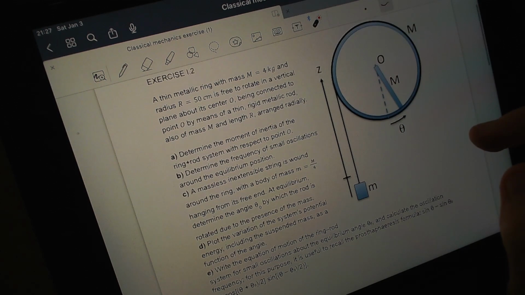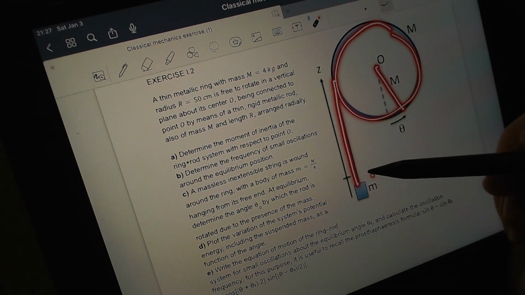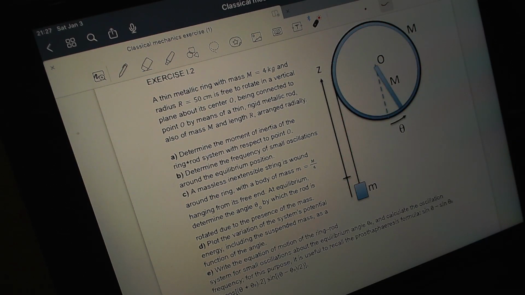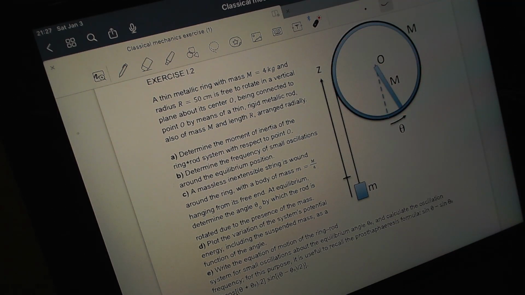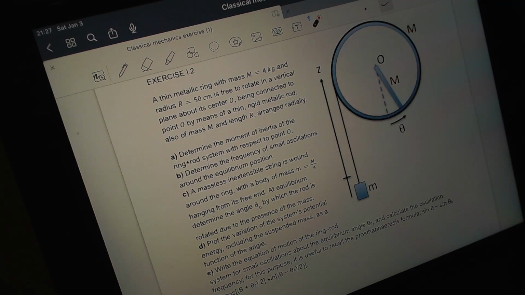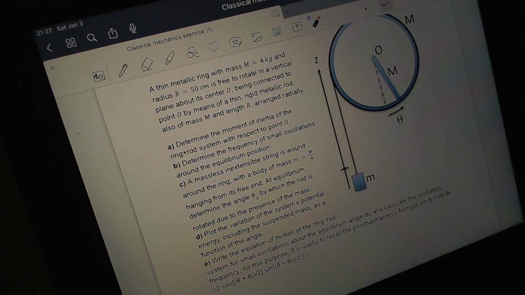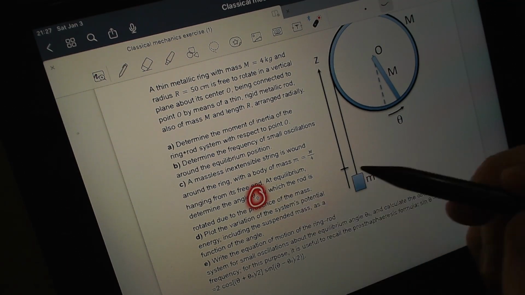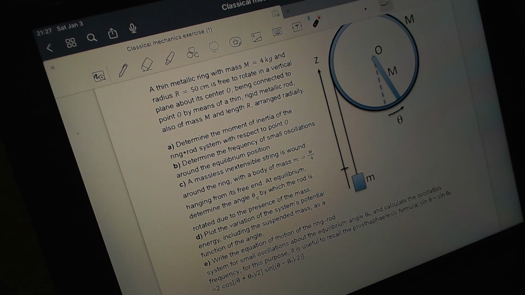Here we have the ring, the rod, the string, and the mass m. We already know the moment of inertia of this system. We already know the frequency of small oscillations around the equilibrium position, and in the third point we already determined the angle theta 0 at equilibrium, for which this mass is at equilibrium.